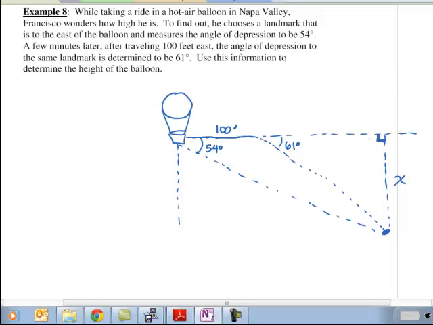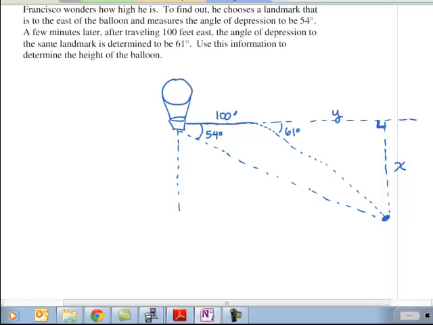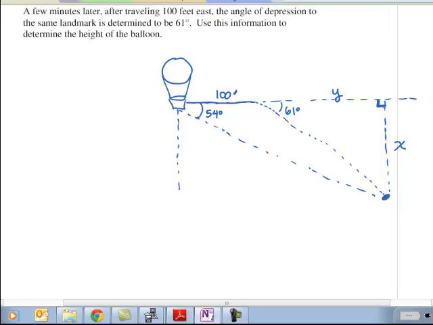And we don't have any complete sides of any of those triangles. So let's call this side y, since we don't know that, but at least we have 100 for part of one of these triangles. So we're going to need to set up a system of equations, actually.